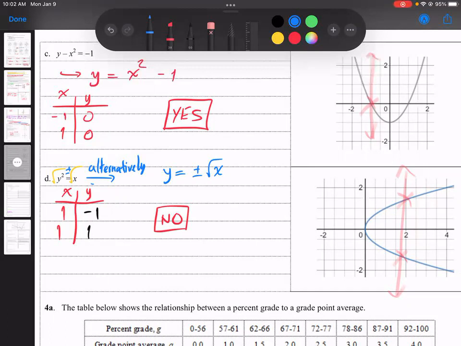And now you can do a t-table with x and y. When x equals 1, what's y equal? Either positive 1 or negative 1, right? So it's the same thing.